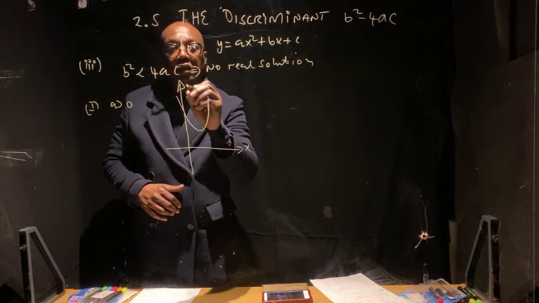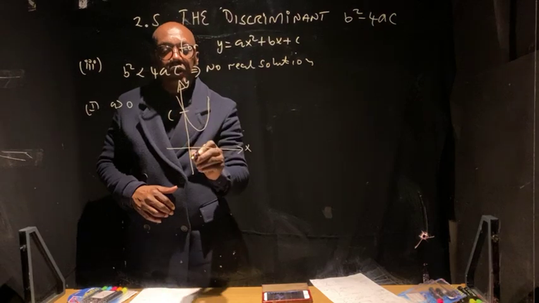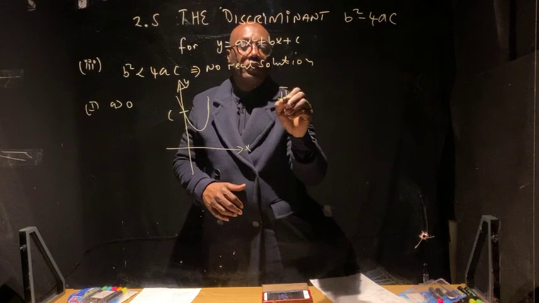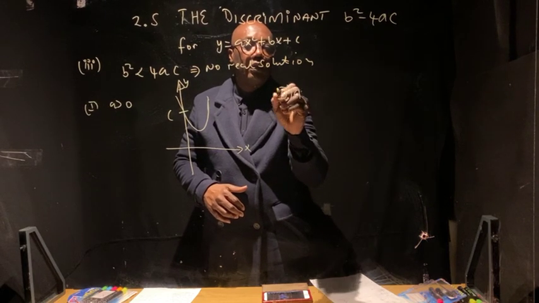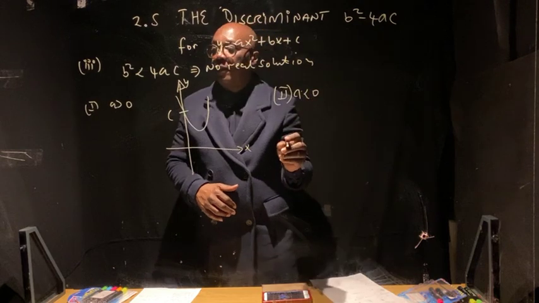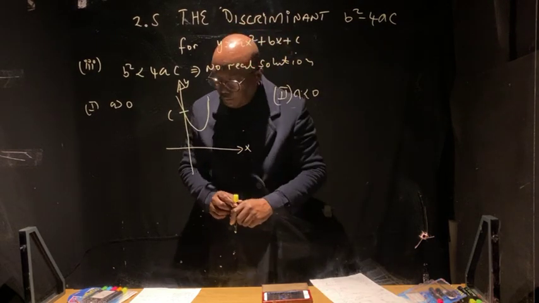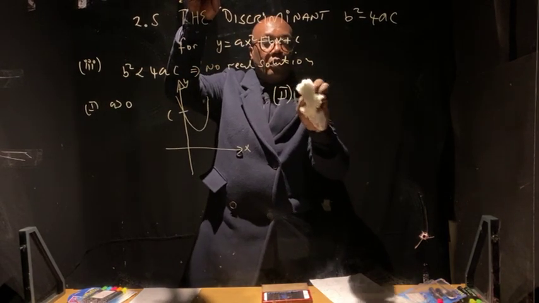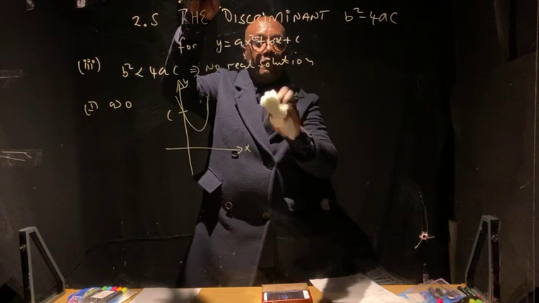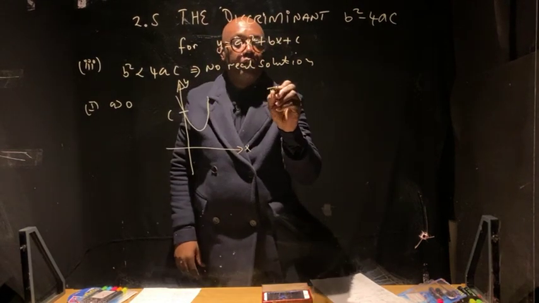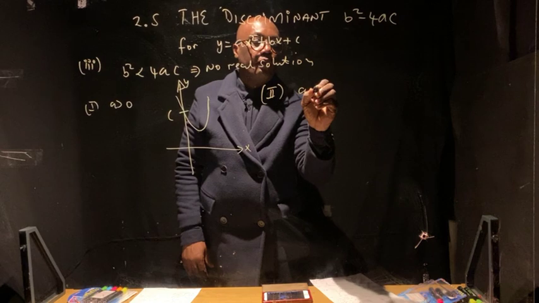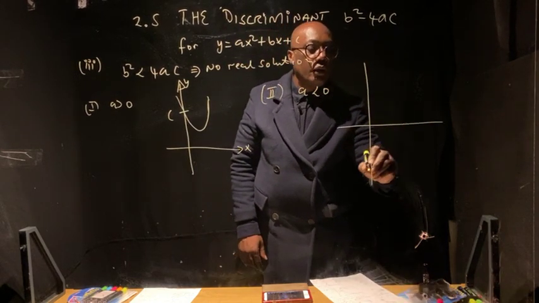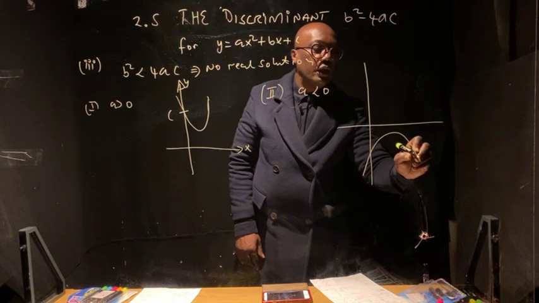So this is the x-axis, y-axis, and this is the intercept. So it doesn't cross the x-axis. Okay, the other case is case 2, when a is less than 0. The curve will look like it comes, but it will never reach the x-axis.